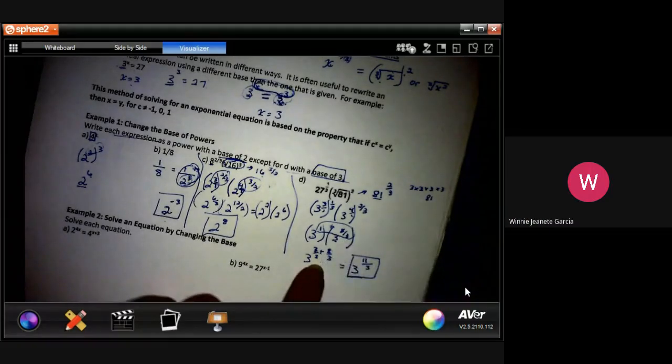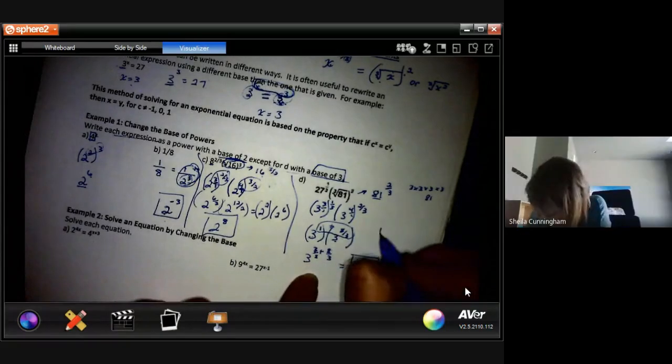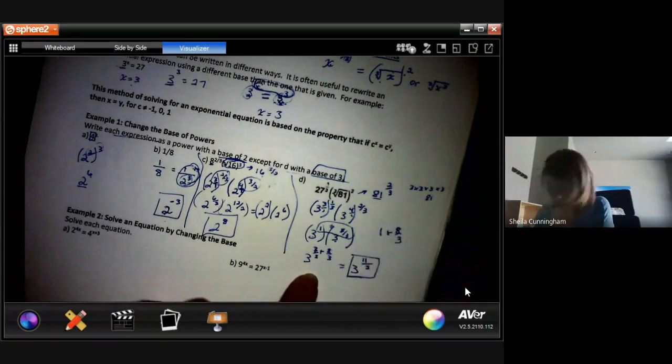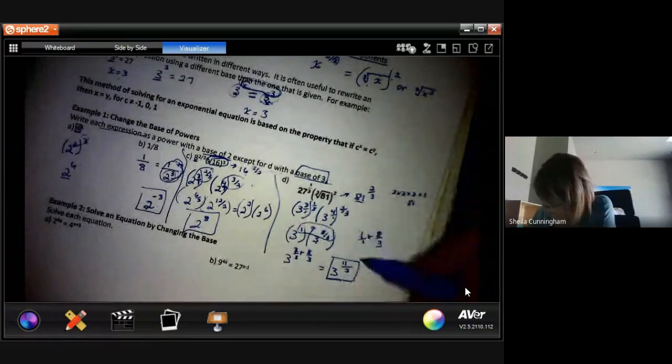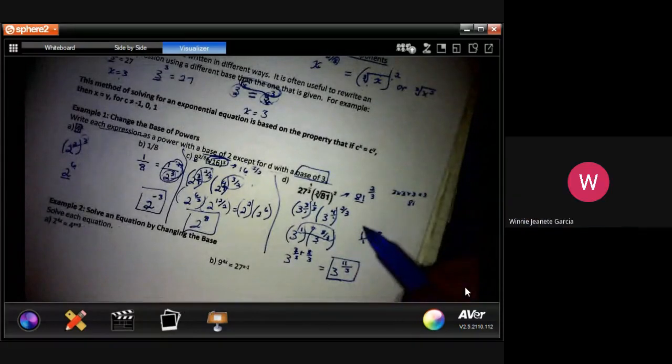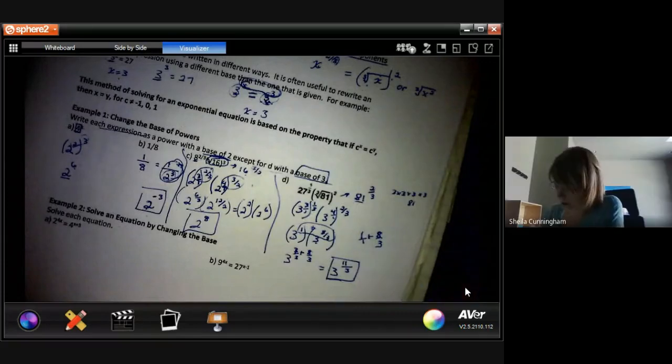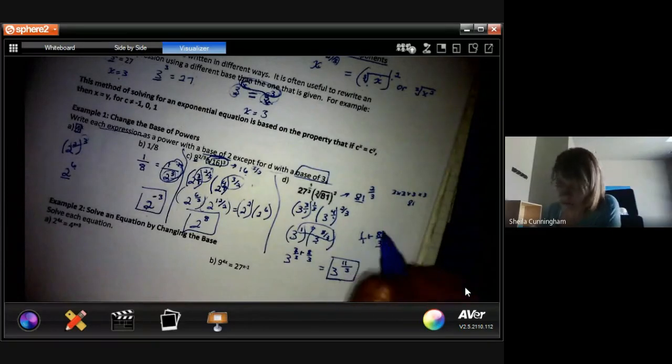So if I think about this as 1 plus 8/3, if I treat this as 1 over 1, essentially, because I can put any whole number over 1. Now, in order for me to add fractions together, I have to make a common denominator. So in this instance, I would want to make a common denominator of 3 here. So I have to think to myself, how do I get from 1 to 3? What do I have to multiply by?